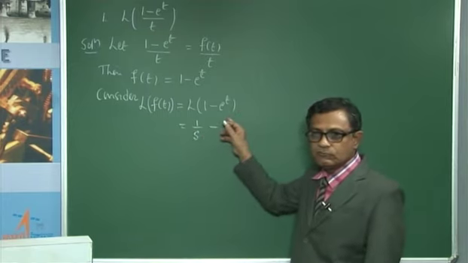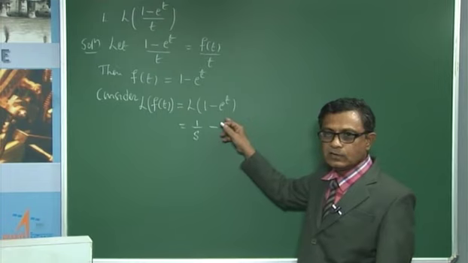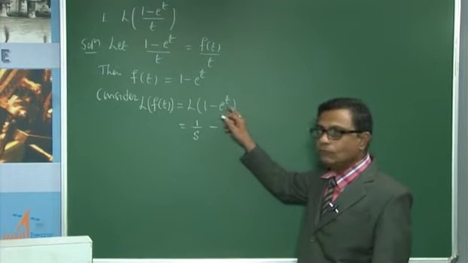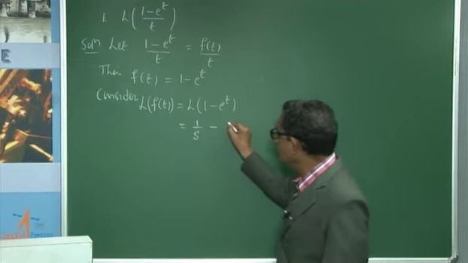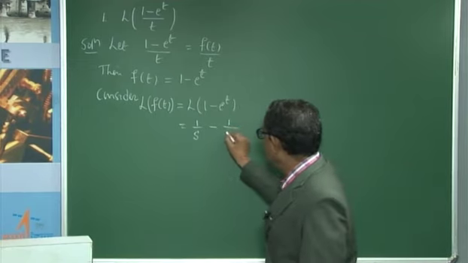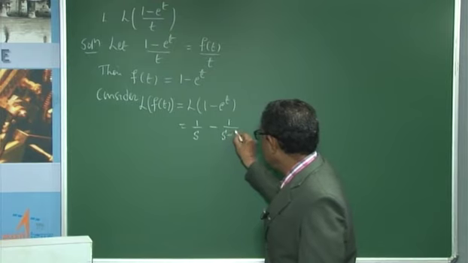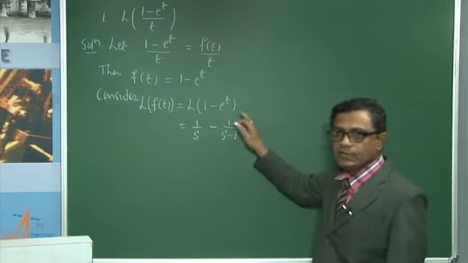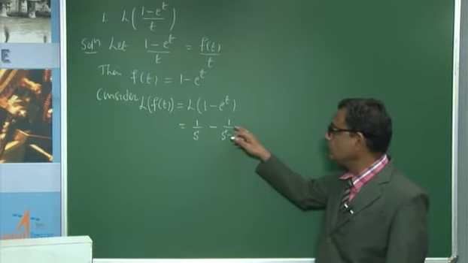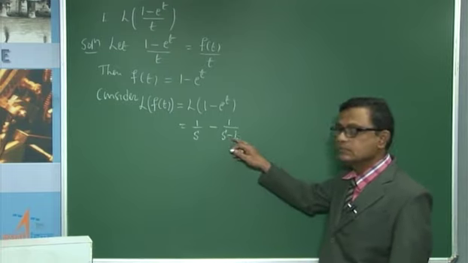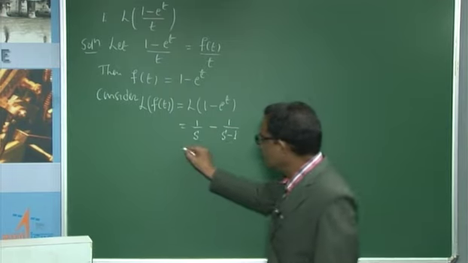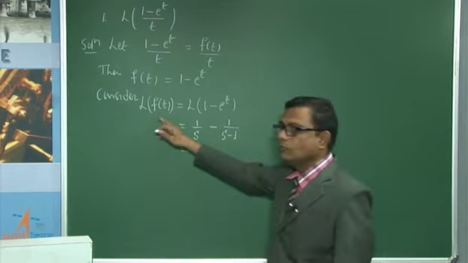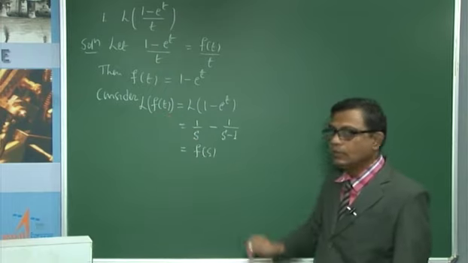Which standard form is this? It is e raised to at. L of e raised to at is 1 divided by s minus a. What is your a here? In e raised to t, a is 1, therefore it is 1 divided by s minus 1. Now this is nothing but your f of s.